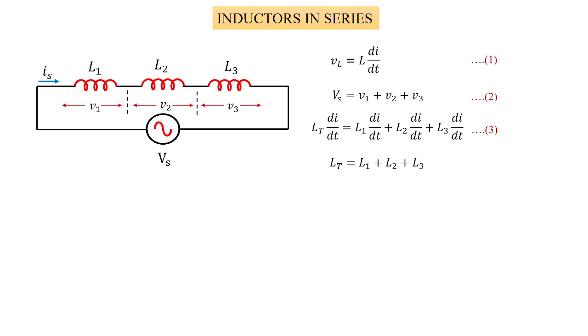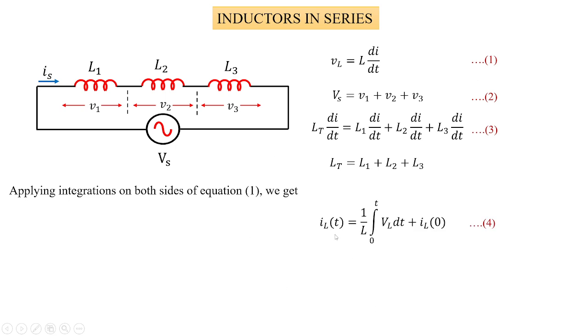Now if you concentrate on equation 1 and apply integration on both sides, we get the current through the inductor as IL of t equals 1 by L integration 0 to t VL dt plus IL of 0. It's a constant which can be ignored if the inductor current is initially 0.